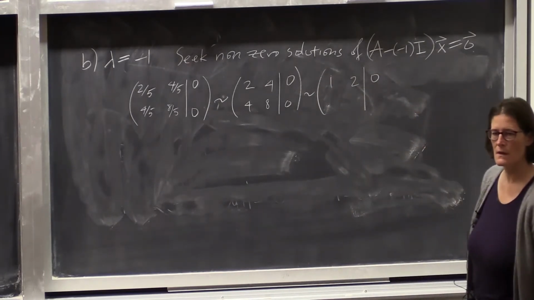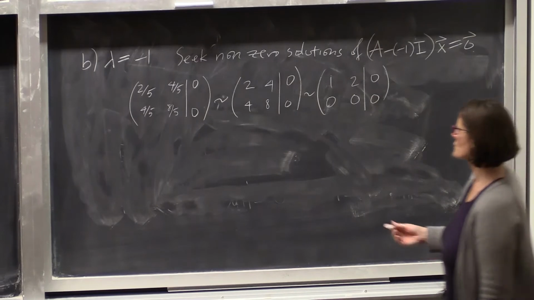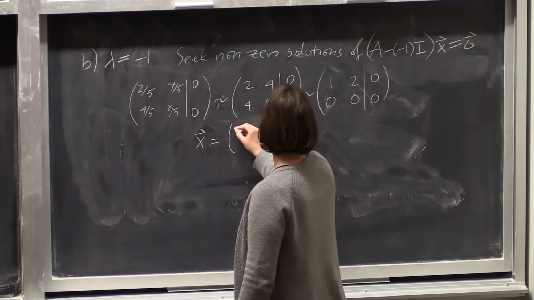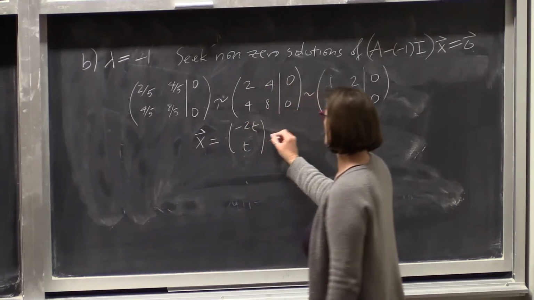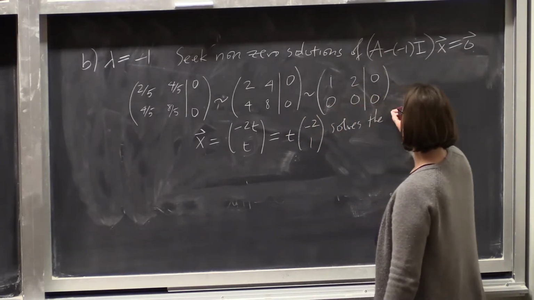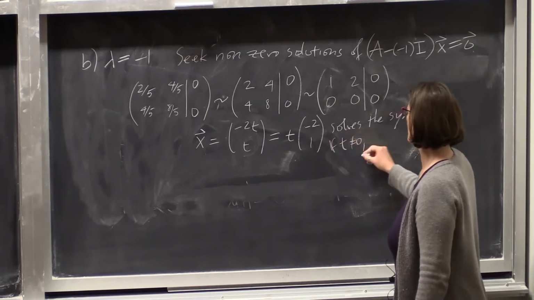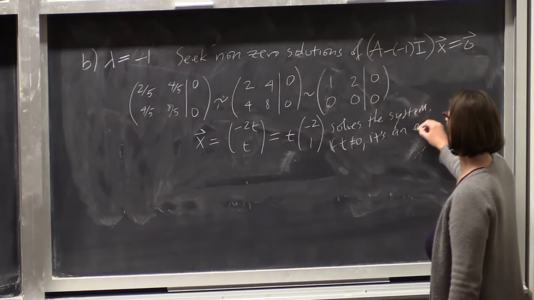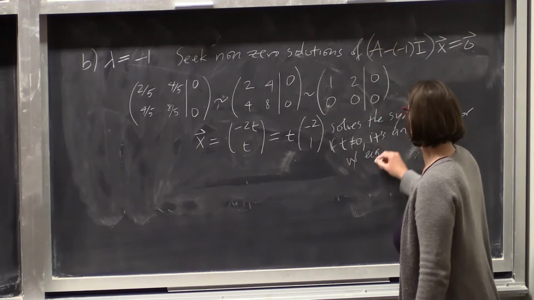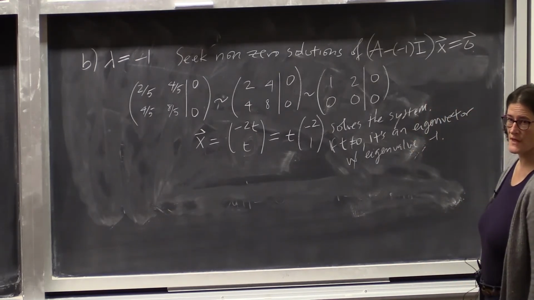Second row is 0, 0, 0, which makes me happy because it means there will be non-trivial solutions. So x is (-2t, t), which is t times (-2, 1), solves the system. If t is non-zero, it's an eigenvector with eigenvalue -1.